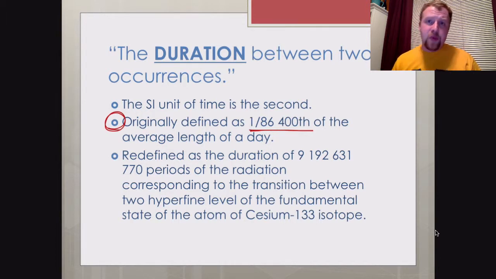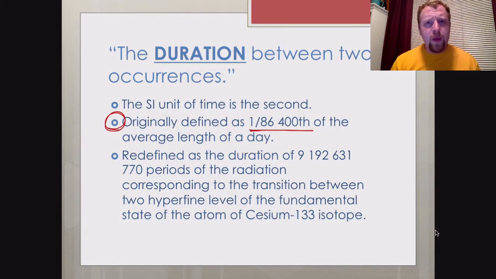So time is really the duration between two occurrences. I clapped twice. The first clap was the first occurrence. The second clap was the second occurrence. We would say that time existed between those two occurrences. So really what we're saying is something happens, then something else happens, and in nature, there's something that happens and we defined it as a second, and we use that definition all over the world in every country and in every language to represent time.